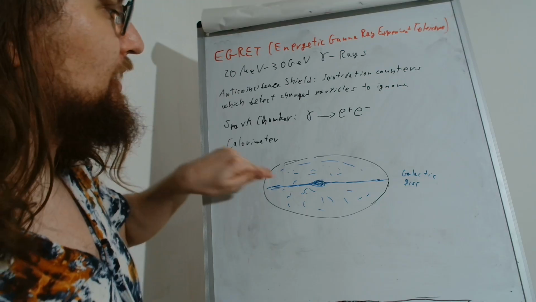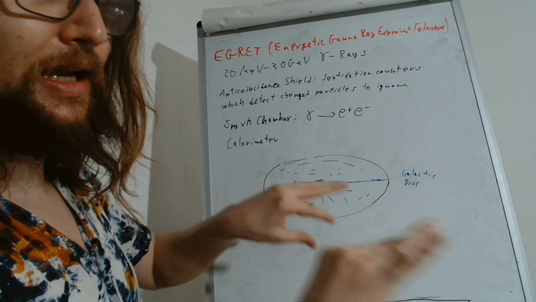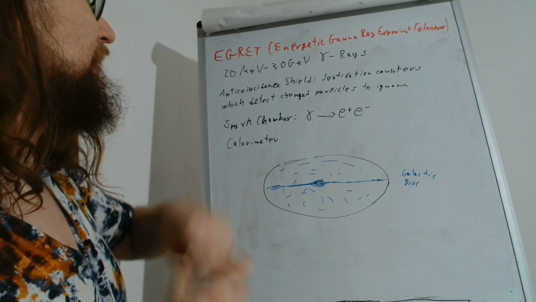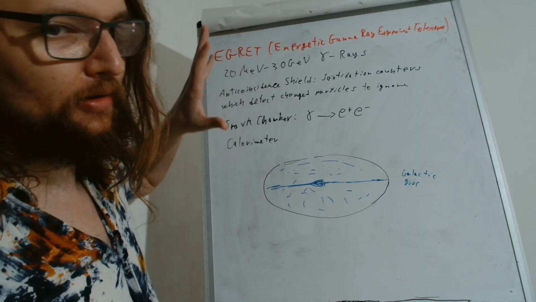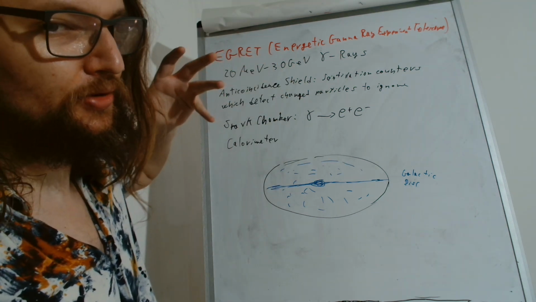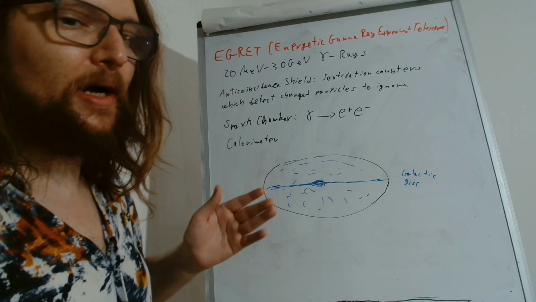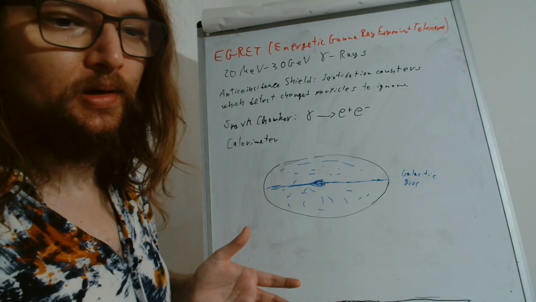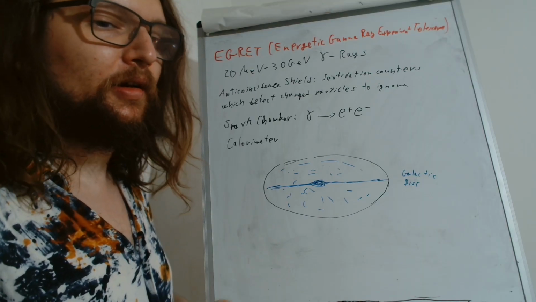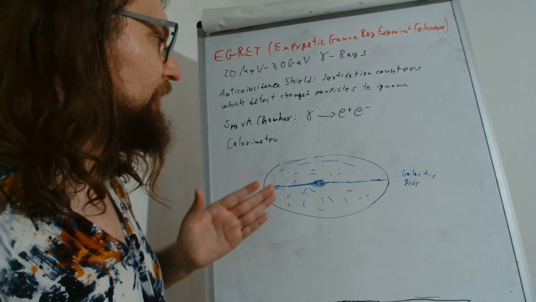So this means that through the galactic disk, gamma rays at this energy are constantly produced. So, for instance, by interaction of a proton with the photons of the cosmic microwave background.